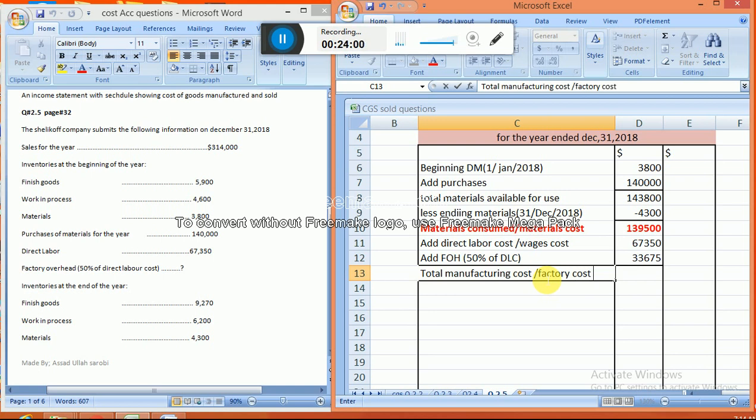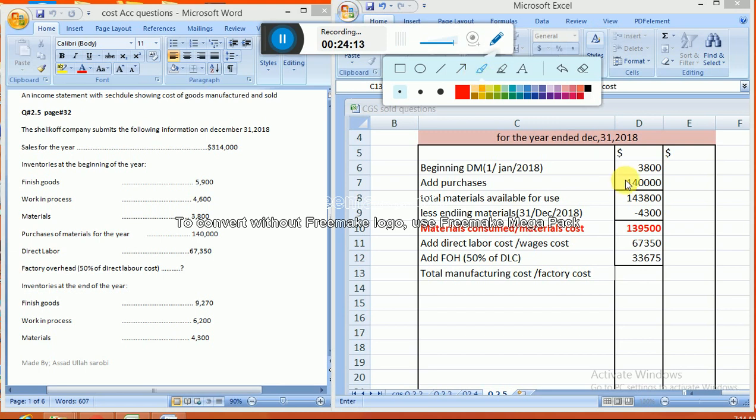Again I am repeating, memorize the formula. Total manufacturing cost is equal to direct material cost, direct labor cost plus FOH cost, factory overhead cost. So the sum of direct material plus direct labor plus factory overhead is equal to total manufacturing cost.